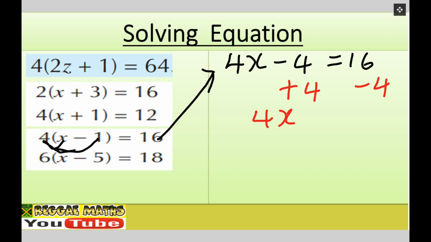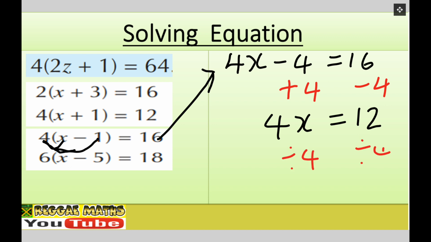So 4x equals 20. Divide by 4. x equals 5.